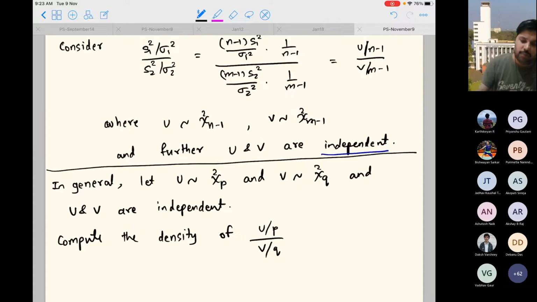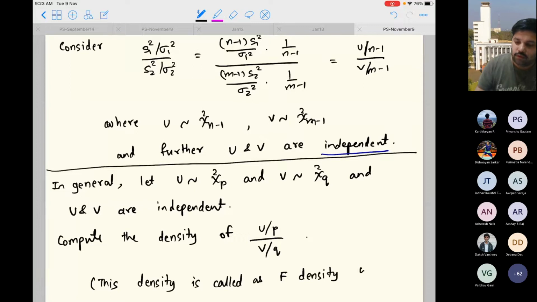So we want to compute this density. This density is called the F density, the F density with p, q degrees of freedom.